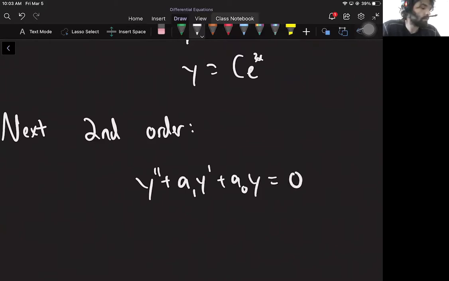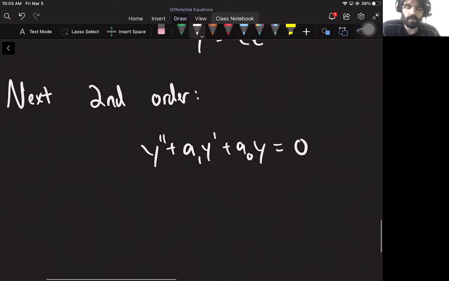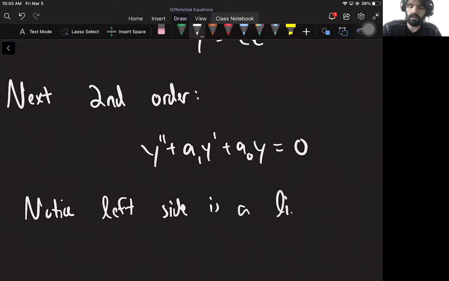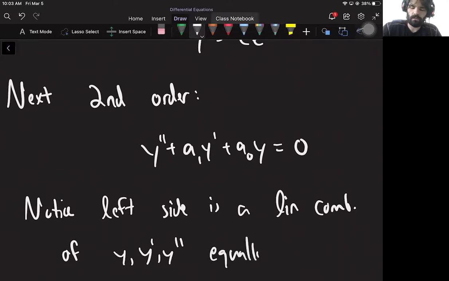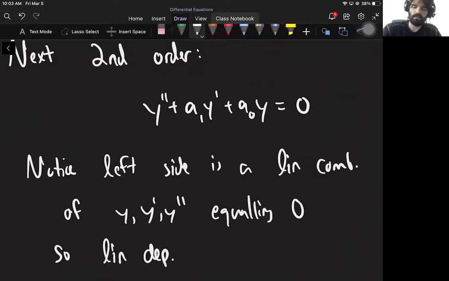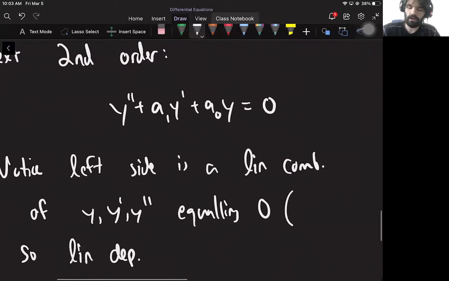So we have two constants, a1 and a0, and we want to think about it in the same way, which is, notice that the left side is a linear combination of three functions equaling 0 again. So they must be linearly dependent because the coefficients are not all 0.